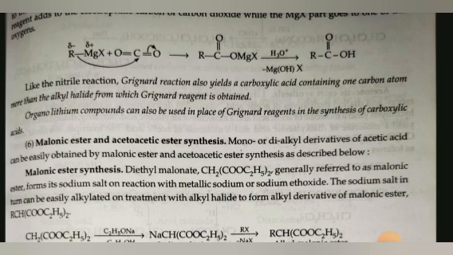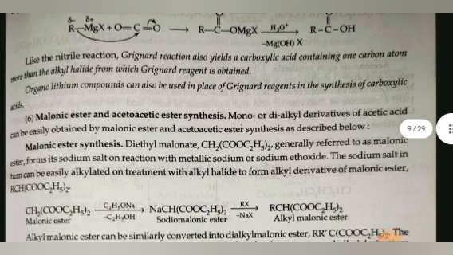Like the nitrile reaction, Grignard reaction also yields a carboxylic acid containing one carbon atom more than the alkyl halide with which the Grignard reagent is obtained. Organolithium compounds can also be used in place of Grignard reagent in the synthesis of carboxylic acid.